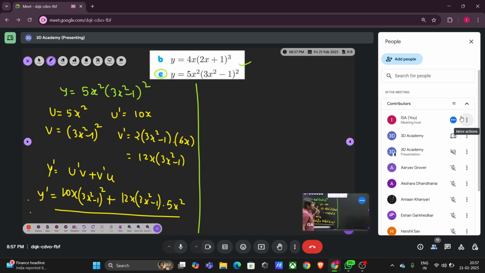That's it. Now everyone quickly solve question B and share me the pictures. Quick. You can copy it down and then start solving.